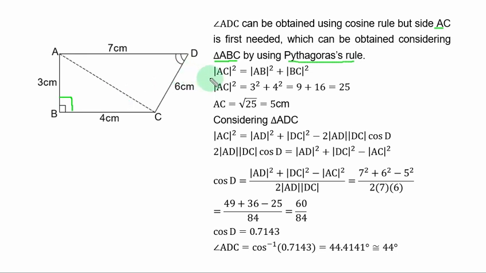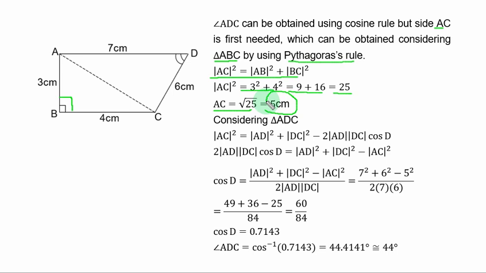So you have AC squared equal to AB squared plus BC squared. You have it in this form, and that is this, and you have 25. To get AC, take the square root of both sides. AC is equal to root 25, and that is 5 cm.